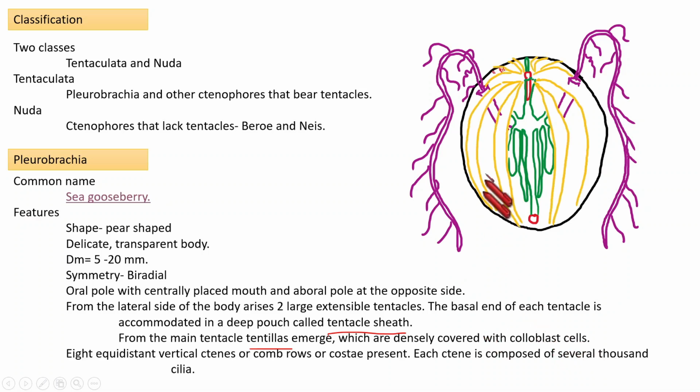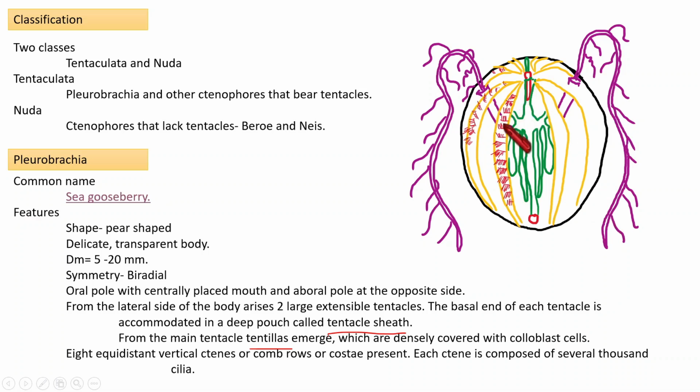And eight equidistant. Regarding this, I mentioned while telling about the radial channels of the stomach. Those channels are running parallel to these teens, eight ciliary plates.